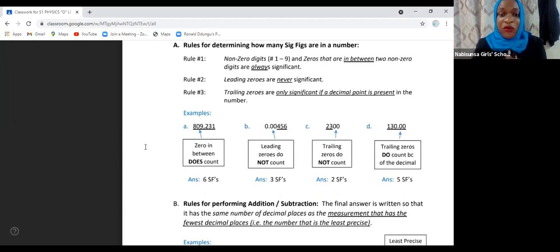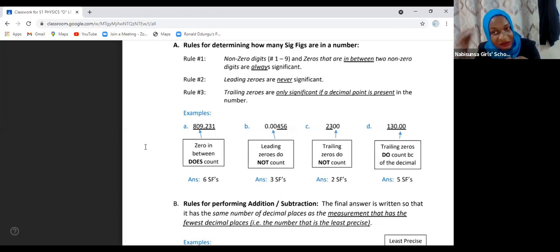Hanisha, let me repeat for you the rule. The rule says, first of all, for as long as the zero is leading non-zero digits, for as long as it's leading, you should never count it as a significant figure. What does it lead? It leads non-zero digits. Is that okay? Second, the other rule says trailing zeros are significant if there is a decimal point.